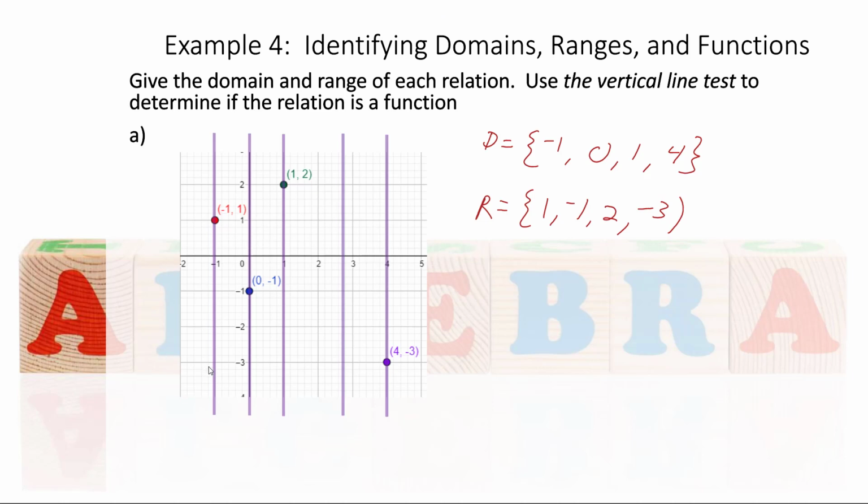Here this vertical line intersects the graph once. It intersects the graph once here, as well as it does here. However, here it does not intersect the graph of the function at all, and that's perfectly fine. The criteria is that it has to intersect the graph at most once. And here it intersects the graph once, so yes, this is indeed a function.